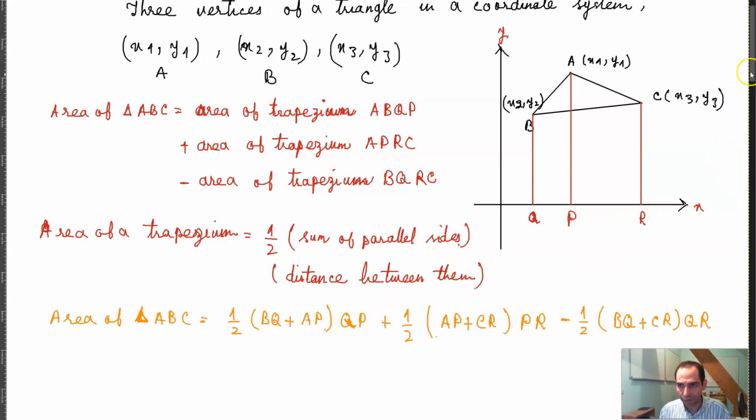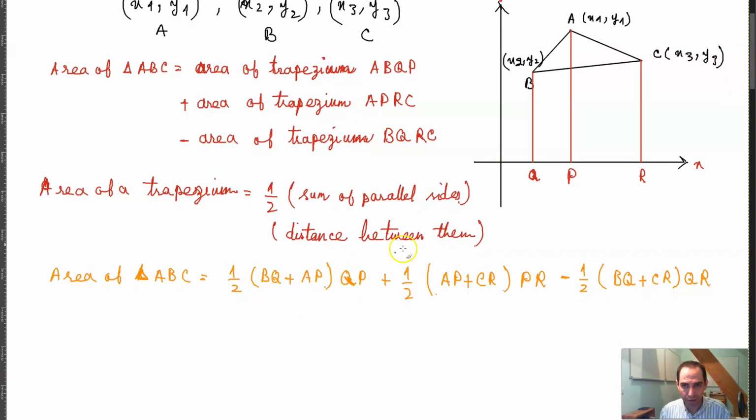Now, I can write these in terms of x1, y1, and so on. This one I can write as 1/2 (BQ plus AP). BQ is basically this height, which is y2. AP is basically this height, which is y1.